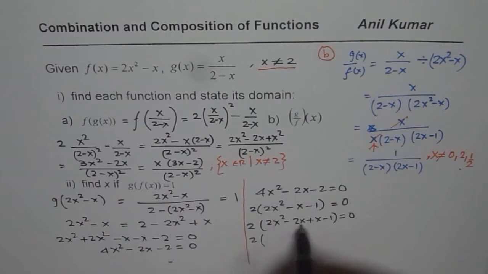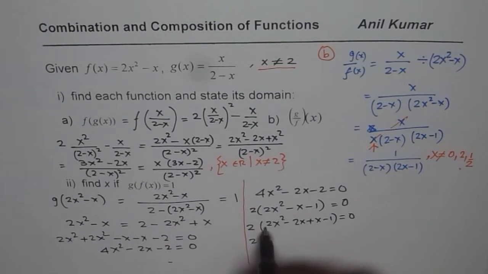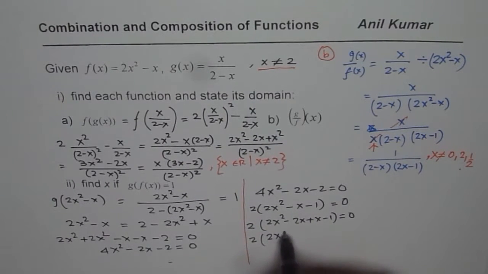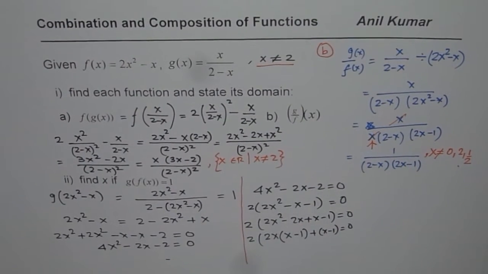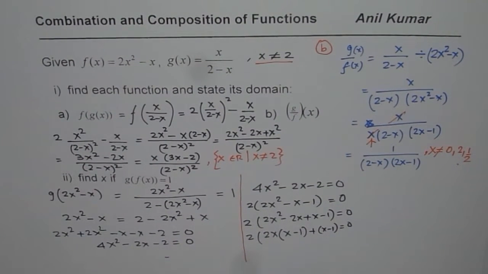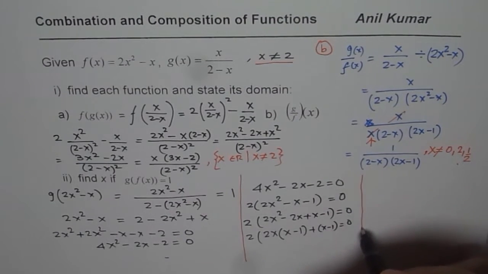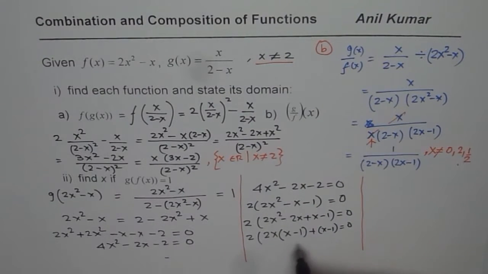And now we can factor this. So we can factor 2x. So we get 2x times (x minus 1), and we have already x minus 1 here, right? Equals 0.